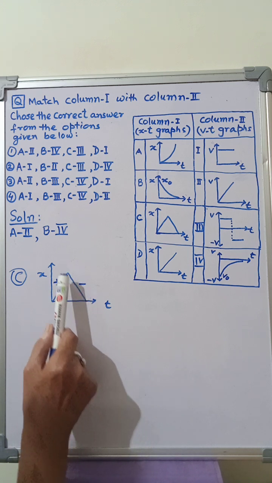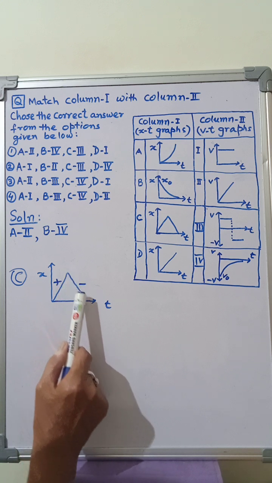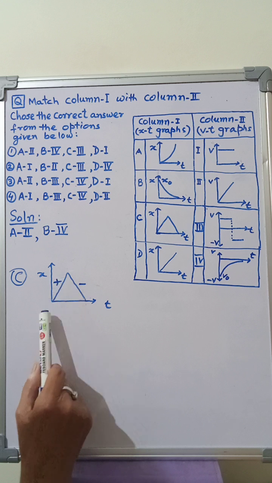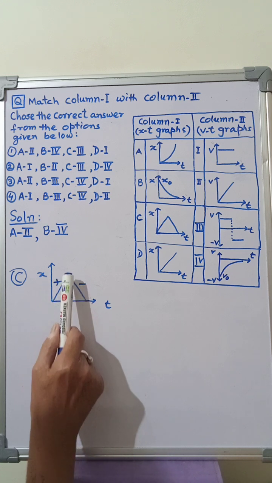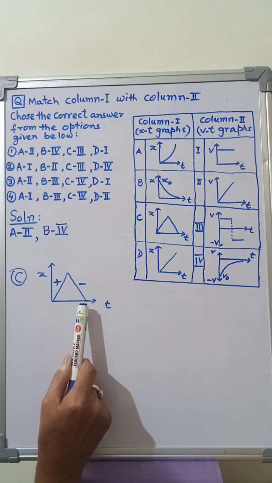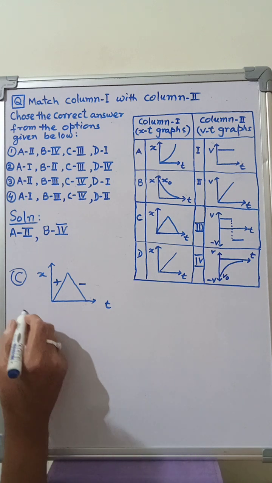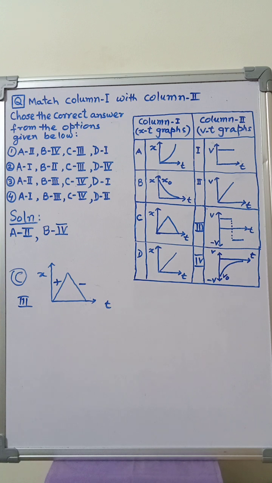In the second half, slope is negative, and because it is a straight line, the slope is also constant. Therefore, the first part of the velocity should be positive and constant, and the second part of the velocity should be negative and constant. This happens in option 3. So therefore, we can write this as the third option for C.